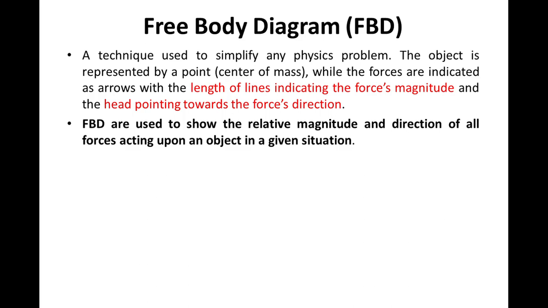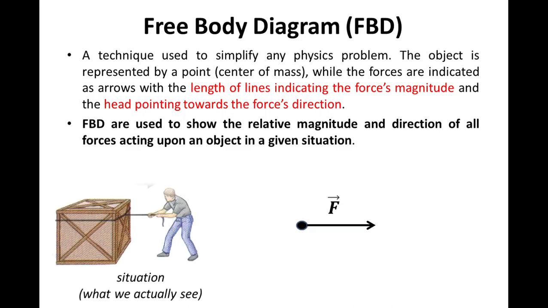Here, the object is represented by a point at the center of mass or center of gravity, while the force is indicated as an arrow, with the length of the line indicating the magnitude of the force and the head pointing towards the force direction.